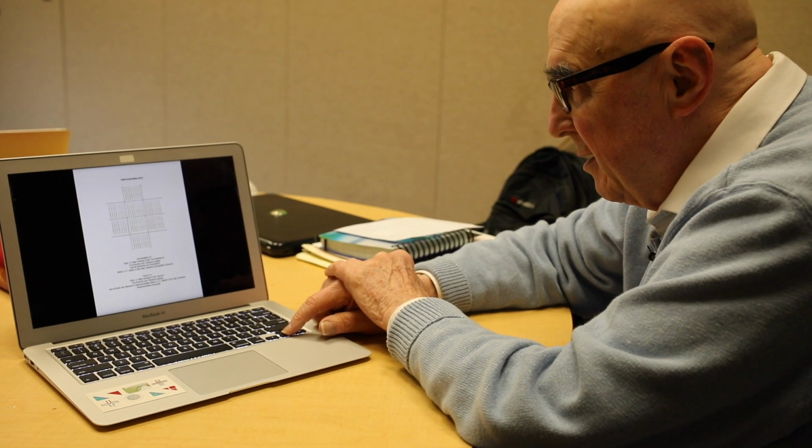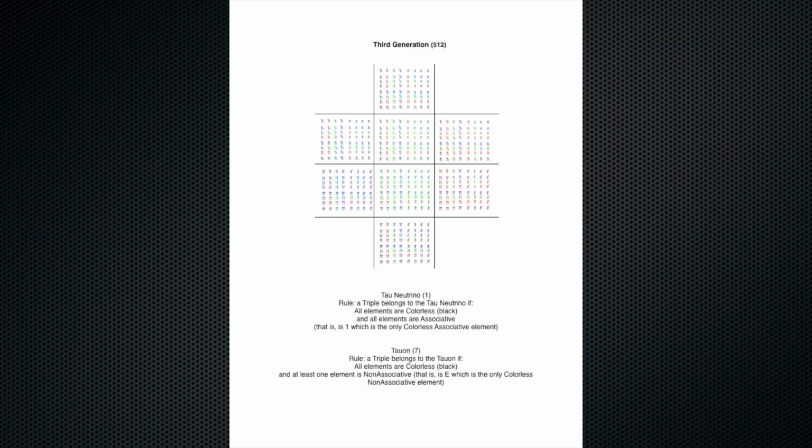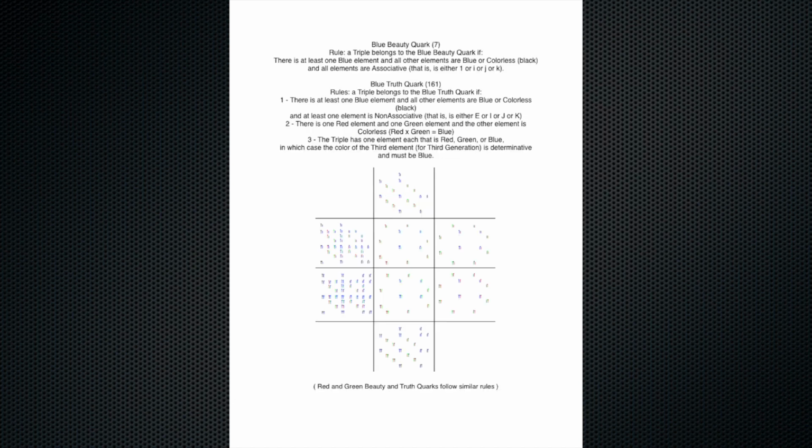And go to the third generation, you have 512, which is 8 times 8 times 8. And again, only one of them is a tau neutrino, and 7 of them are tauons, but 7 of them are also beauty quark, and 161 are truth quarks.